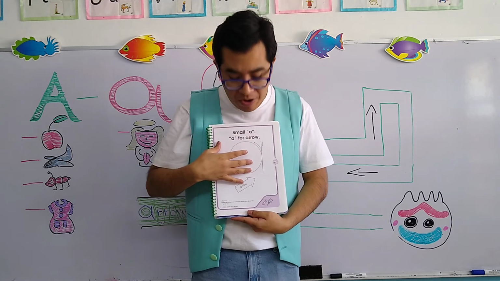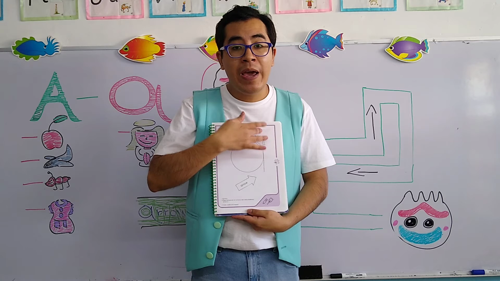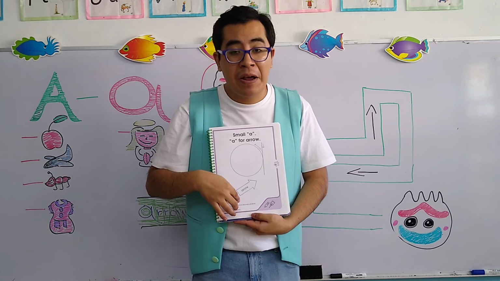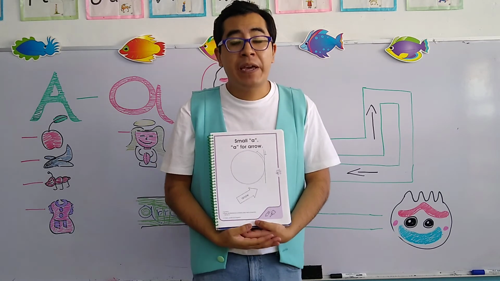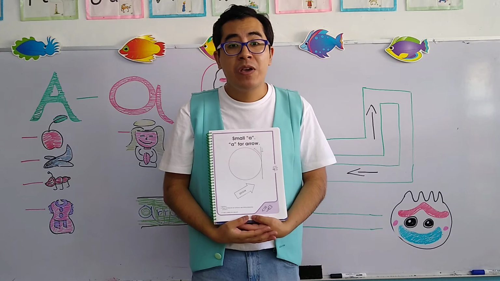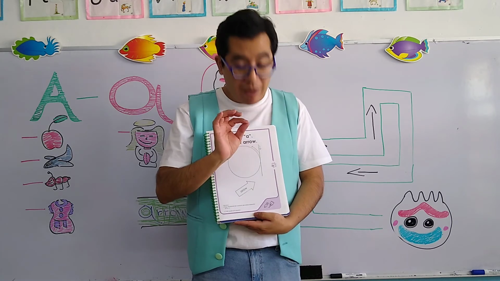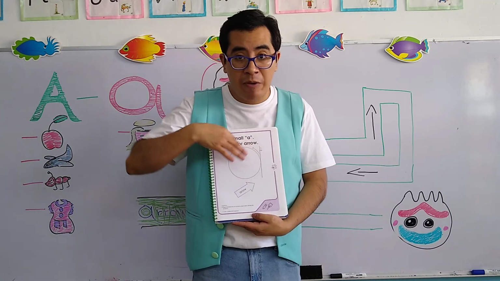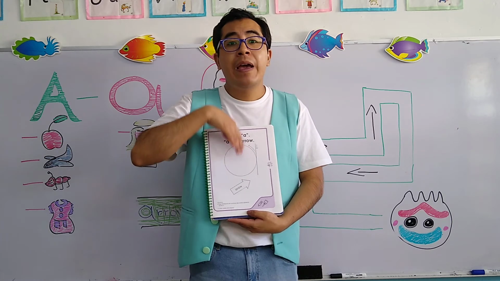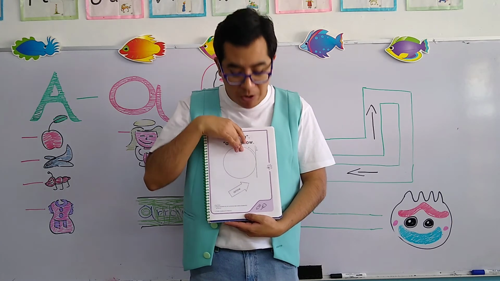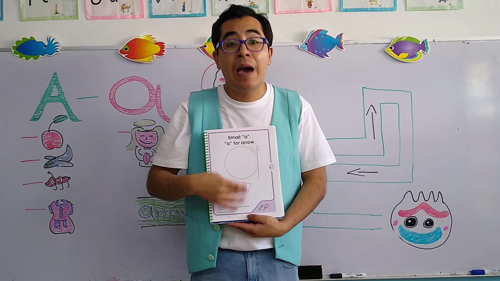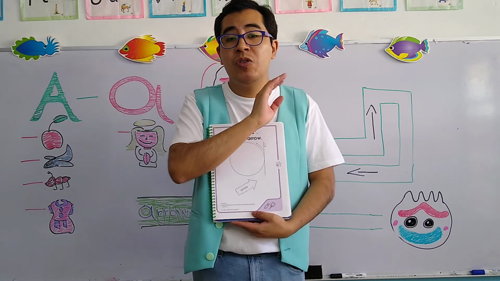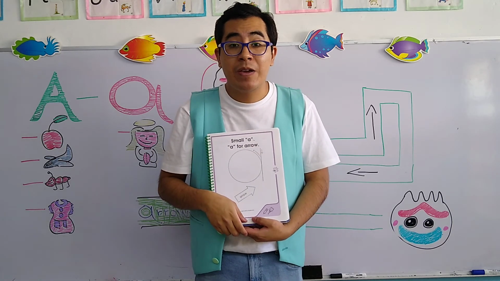So, as you can see here, we have small a and we have an arrow. So, with the help of mother and father, you are going to paste several pieces of paper around the whole letter, and once you have finished with this part, you are going to paint the arrow with the colors that you want, okay? Very good.